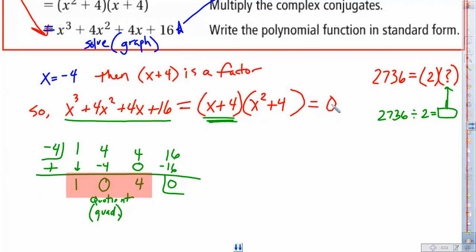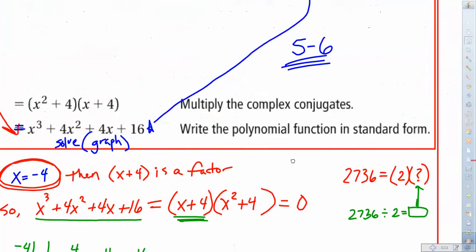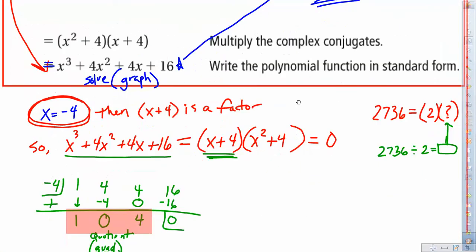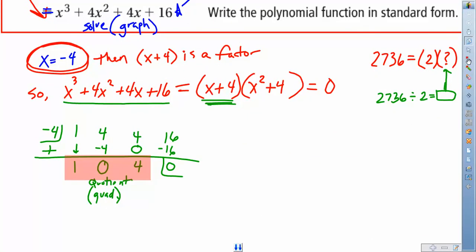So, if we are looking for zeros, then I know that x plus 4 times x squared plus 4 would give me this cubic trinomial right here. In other words, we found one 0. There he is. We are looking for those other two, remember, which we already had, which were plus 2i and -2i.